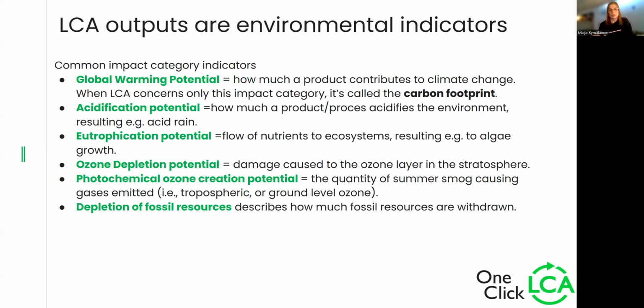There are a lot more of these indicators, but these are maybe the most common ones. So they represent, for example, acidification potential, how much a product or process acidifies the environment, resulting in, for example, acid rain. Eutrophication is the flow of nutrients to ecosystems, resulting, for example, in algae growth, and so on.